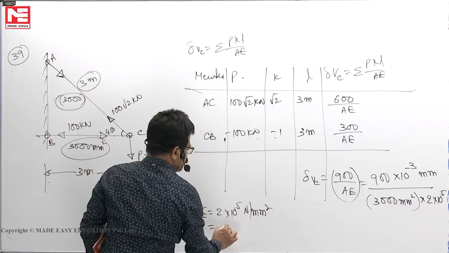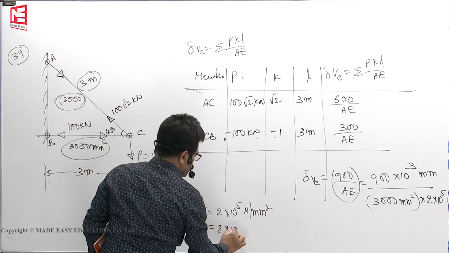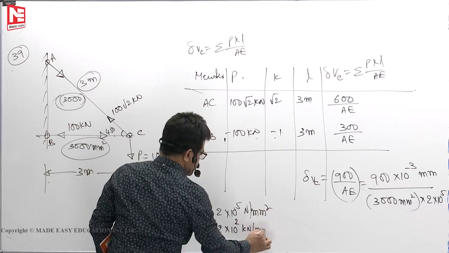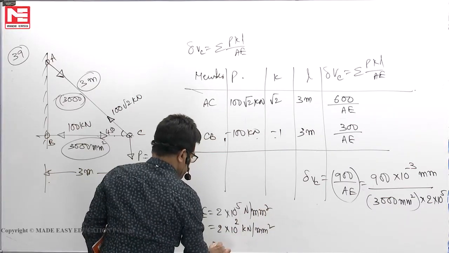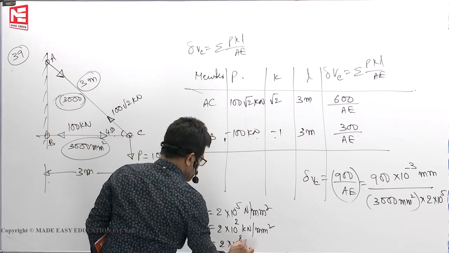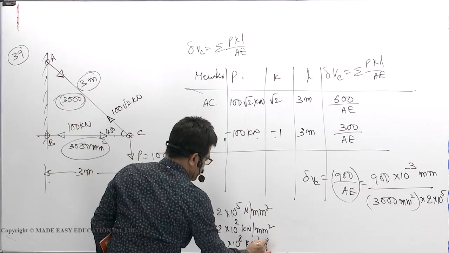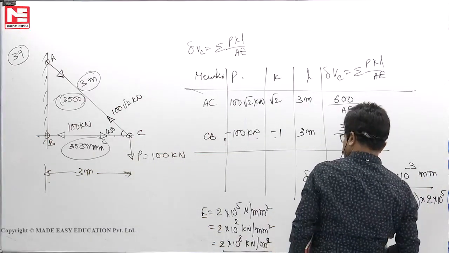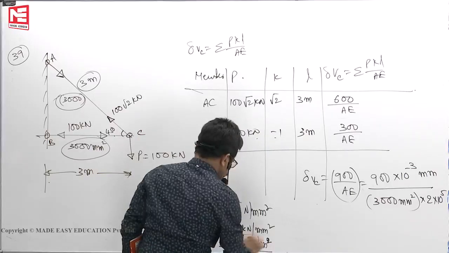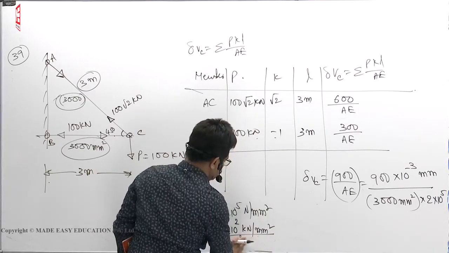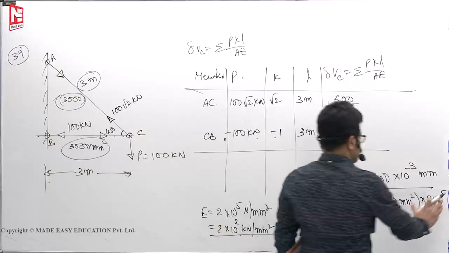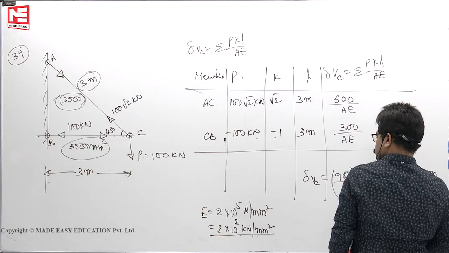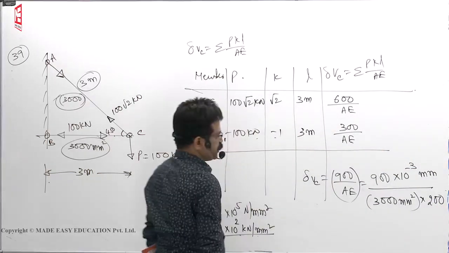In kilonewton, Young's modulus is 2 into 10 to the power of 2 kilonewton per mm square. In meters, 6 zeros will go up, so 2 into 10 to the power of 8 kilonewton per meter square. But we will write kilonewton per mm square only, because the other dimension is in mm. So 200 we will write here directly, 200 kilonewton per mm square.